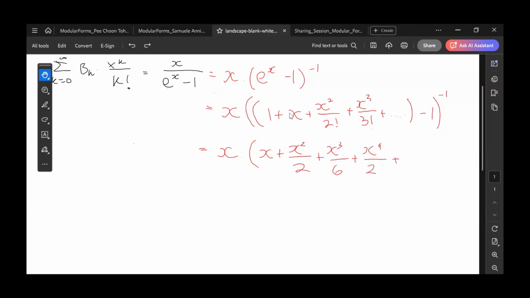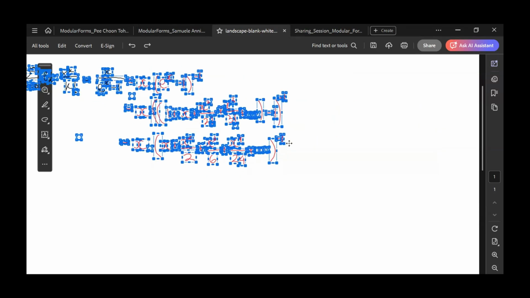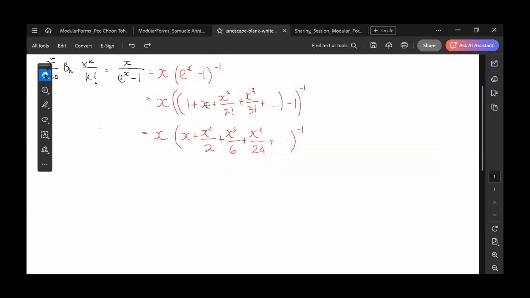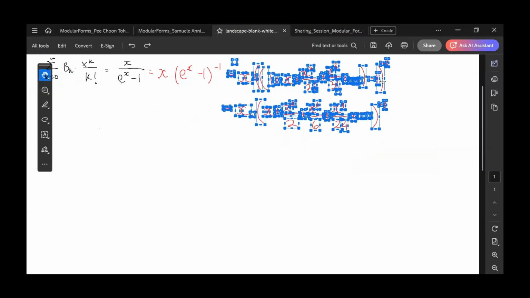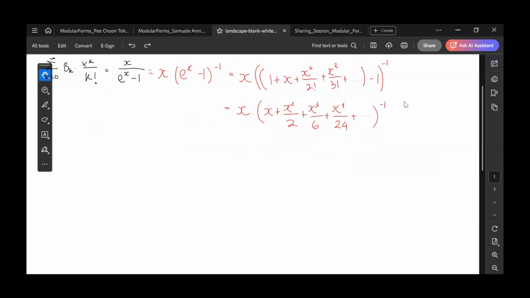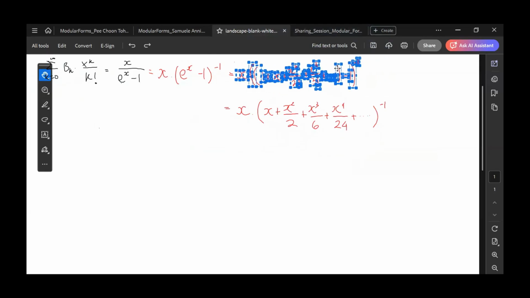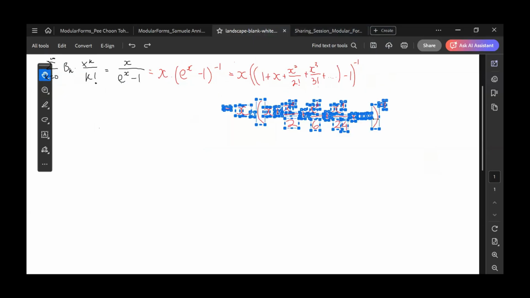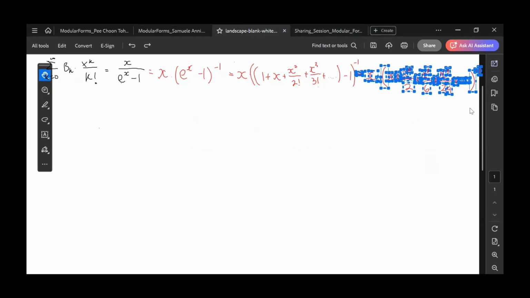Maybe. Now, how do we calculate it? We can use the classic method, right?